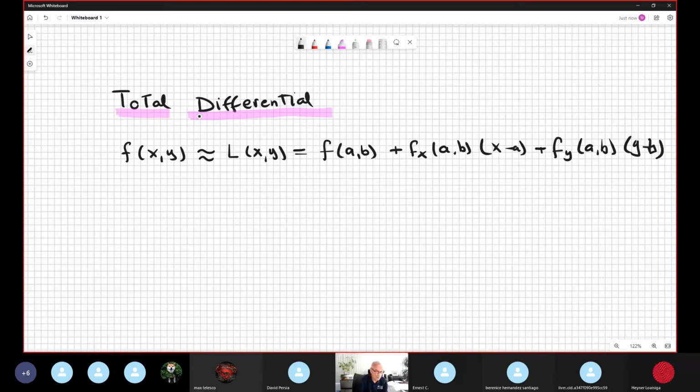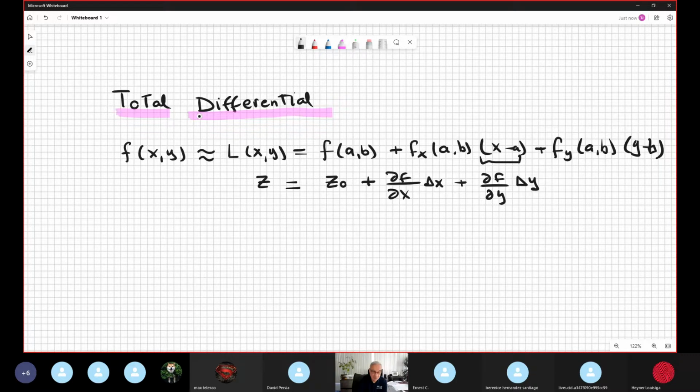I call this z, and this c null. Plus, let me use the other notation, the partial derivative with respect to x evaluated at the specific point (a,b), I want to call this delta x. And this is the partial derivative of the function with respect to y, and it's delta y.